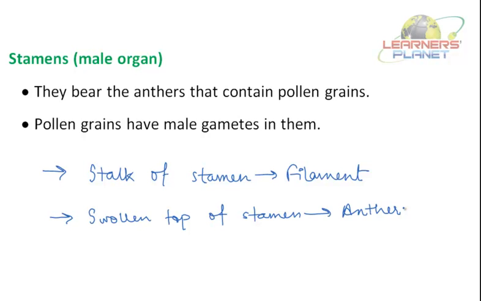Another point to be noted here is that a flower usually has a number of stamens in it. The usual number means there are that many with which sexual reproduction can occur.